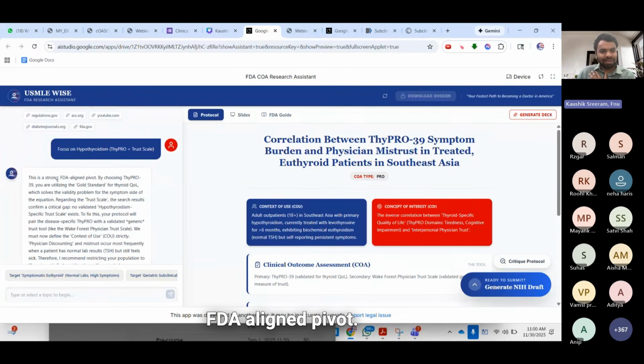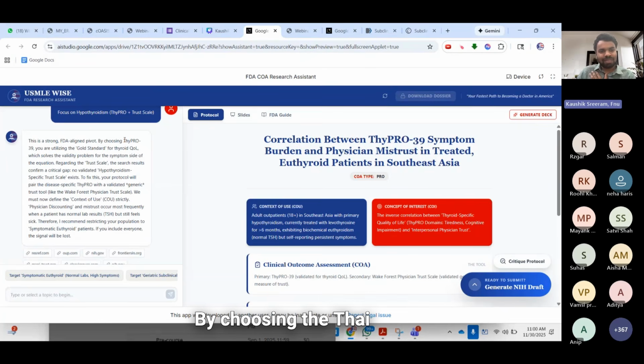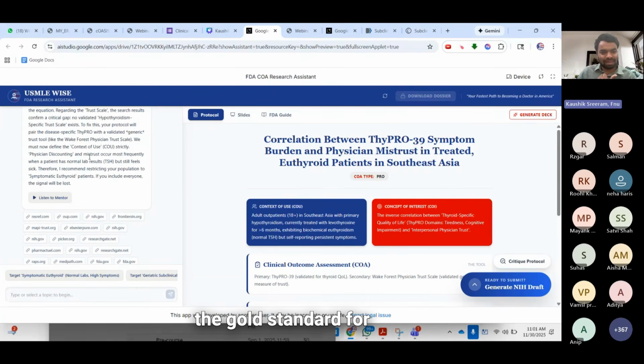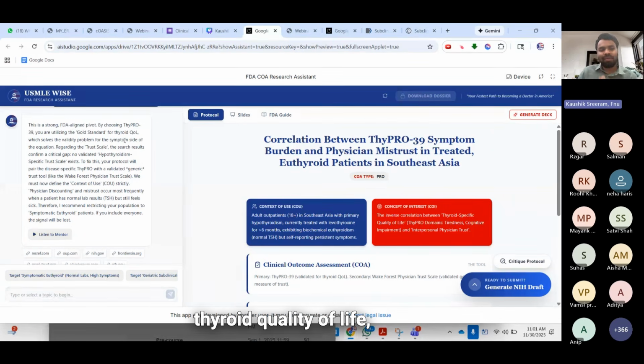This is a strong FDA-aligned pivot. By choosing the Thai PRO 39, you are utilizing the gold standard for thyroid quality of life, which solves the validity problem for the symptom side of the equation. Now, regarding the trust scale, search results confirm a critical gap. Again, there is no validated hypothyroidism-specific trust scale.